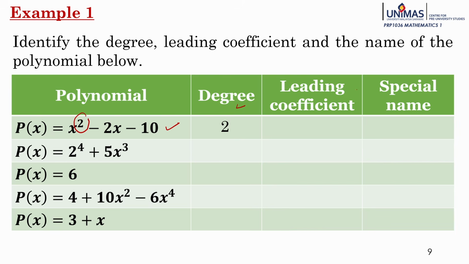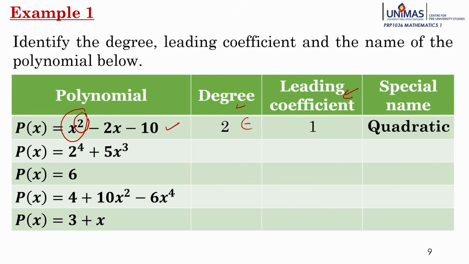For the leading coefficient, we have to see the degree here. So degree 2, that means the leading coefficient here is 1. Okay, special name. What is the name when we have an x squared? I think you are familiar with this: quadratic.